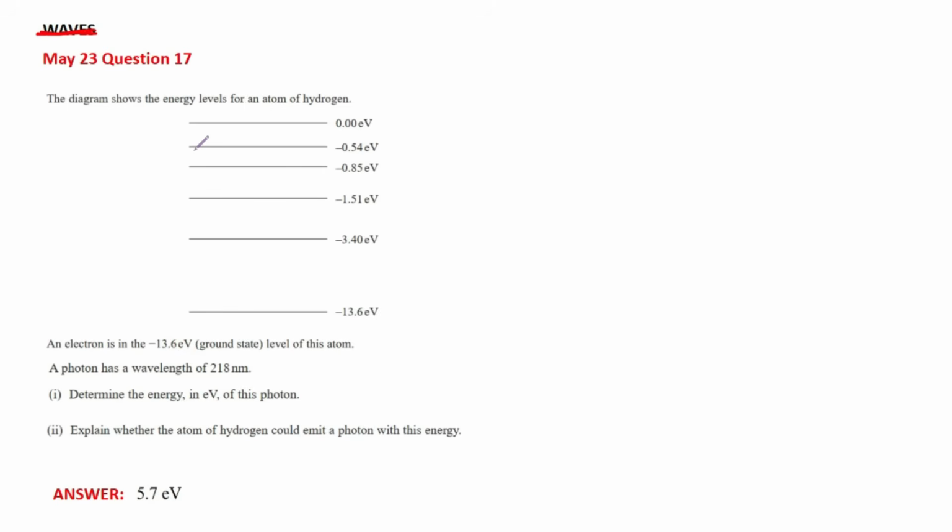We generally use eV in photoelectric effect as well as energy level transition questions. And 1 eV is equal to 1.6 times 10 to the power minus 19 joule. To convert joule to eV, you divide it by 1.6 times 10 to the power minus 19.